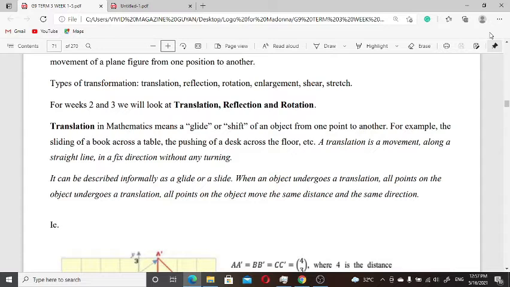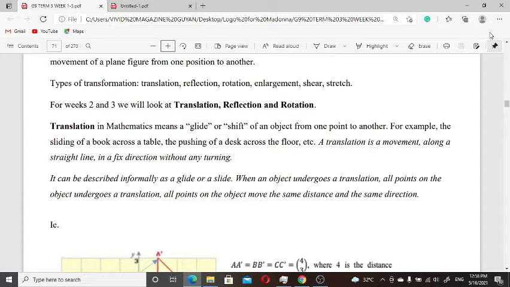So moving on, a translation is a movement along a straight line in a fixed direction without turning. Again, a translation is a movement along a straight line in a fixed direction without any turning. It can be described informally as a glide or a slide.